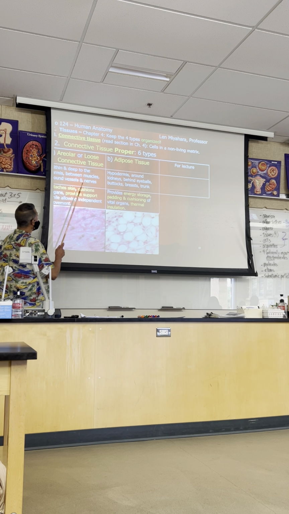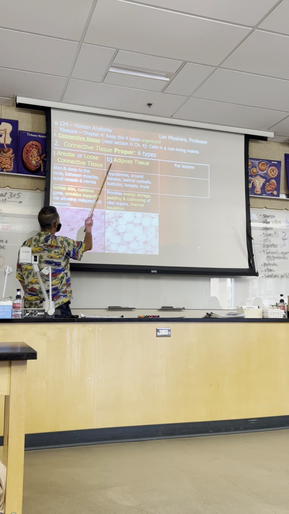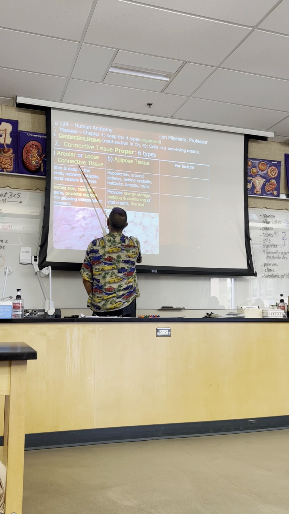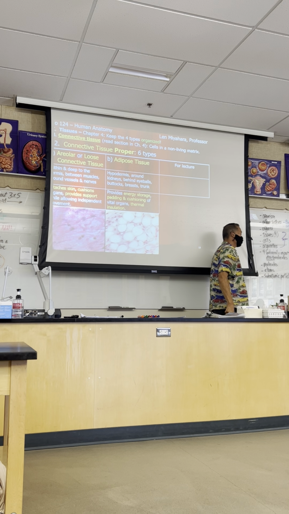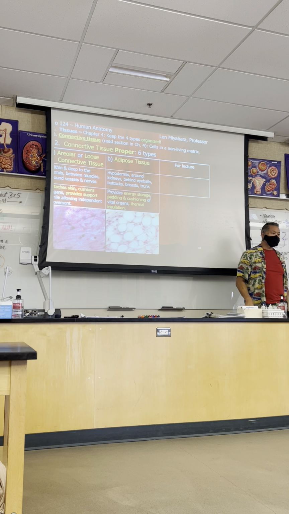First, the correct spelling for the full point is in the top row of this table. First one is either loose connective tissue or areolar connective tissue. Which one is easier to spell? Loose, just call it loose connective tissue, okay?